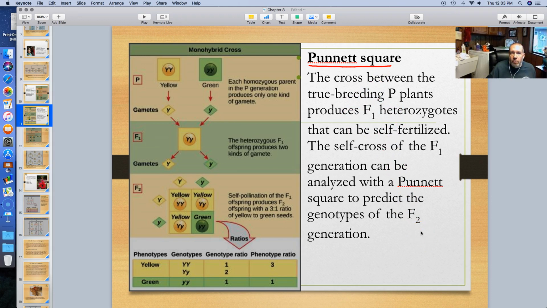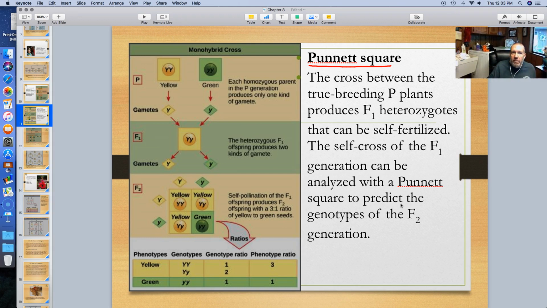We use these as a way to visually understand what's going on with respect to the genotypes and the phenotypes. Keep in mind that Mendel didn't use Punnett squares. He actually used matrix algebra. He used math, basically, rather than this more simplistic way of showing it.